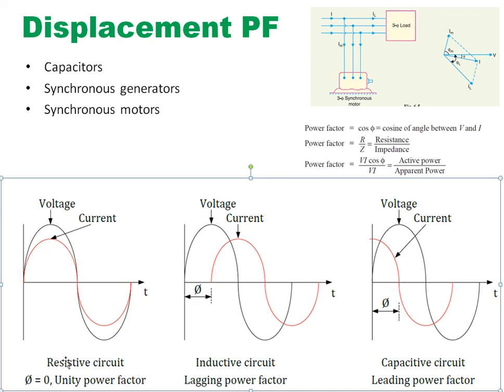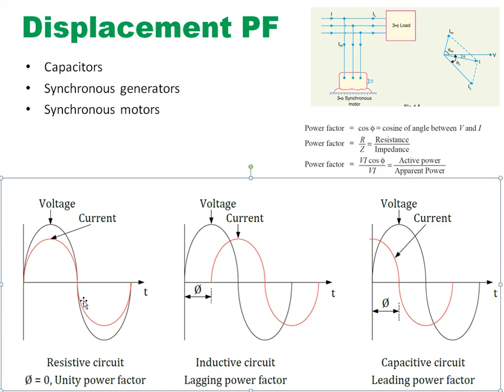This is a pure resistive load: we supply the voltage, and the current drawn by the load follows it exactly, in phase with the supply voltage. So it is called unity power factor, because here phi is 0, cos phi is 1, that is unity power factor.